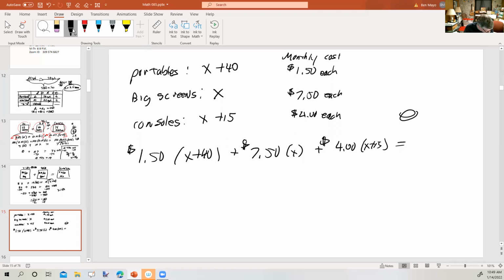That would equal the total cost. And we were told that the total cost is $276.